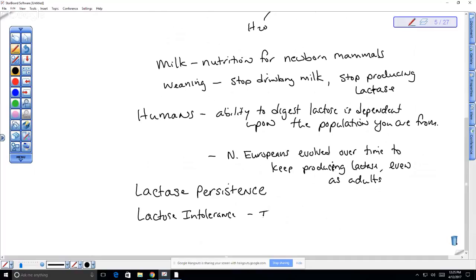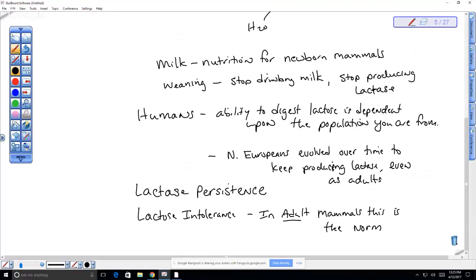So in adults, in adult mammals, this is the norm. So if you have the ability to digest lactose, you are rare. You are a rare mammal on this planet.